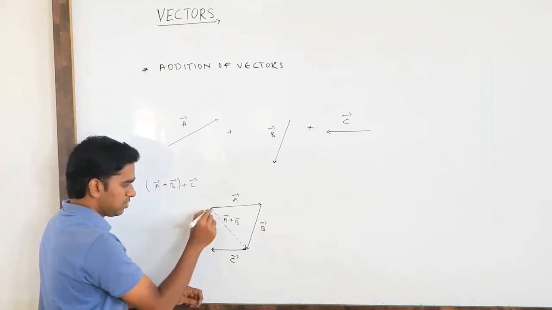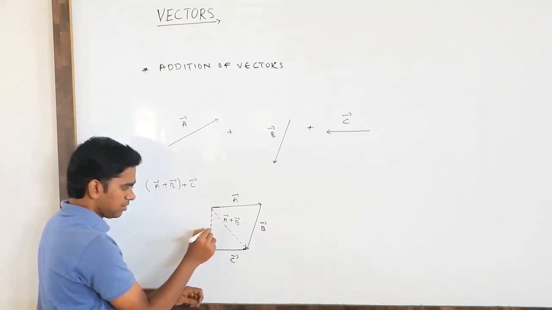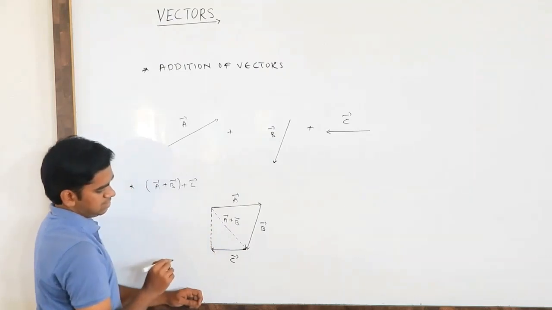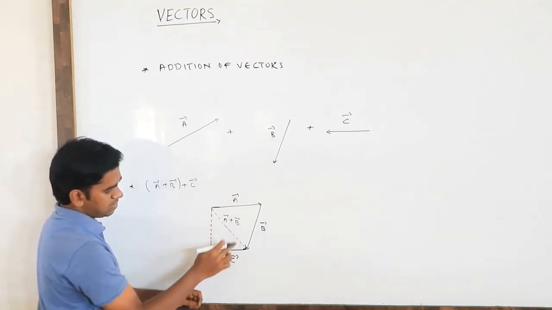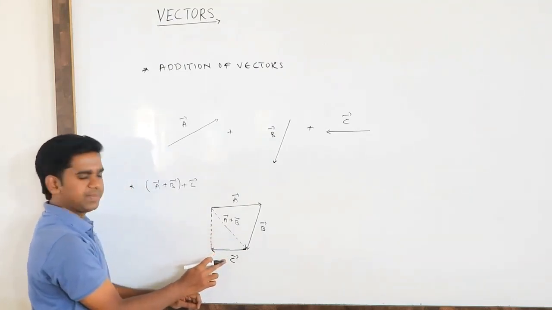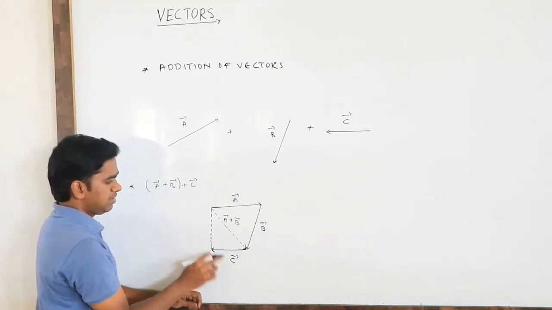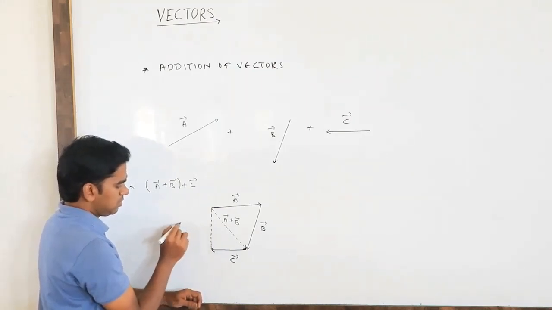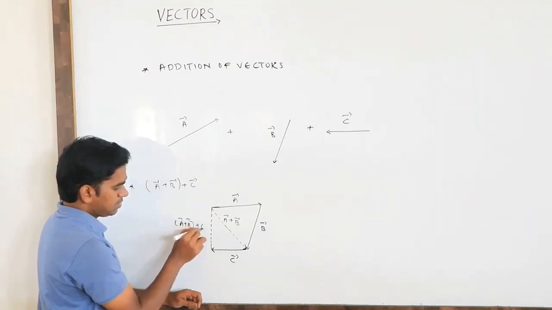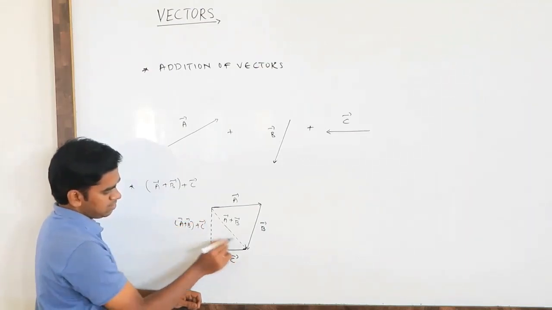Your resultant is going to be here. This is A plus B and C, so this is A plus B plus C. What is the direction? It is in this direction.